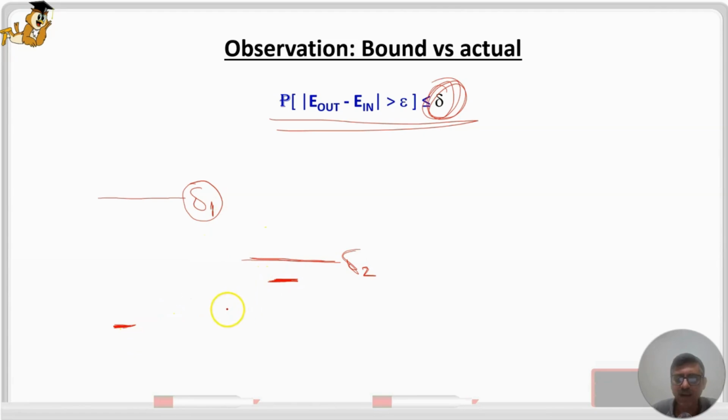This is perfectly mathematically compliant with the bound, because this is less than delta 1 and this is less than delta 2, but the actual values are skewed: when delta 2 was small, E out minus E in was larger than in the case where delta 1 was large. Think about it, you will see what I'm trying to say, because after all delta 1 and delta 2 are just bounds. The actual values can still look like this.